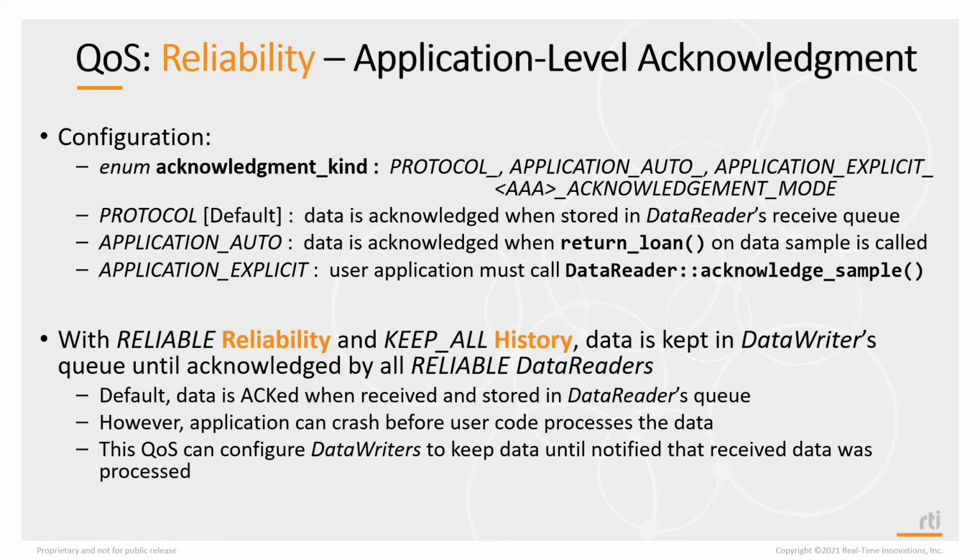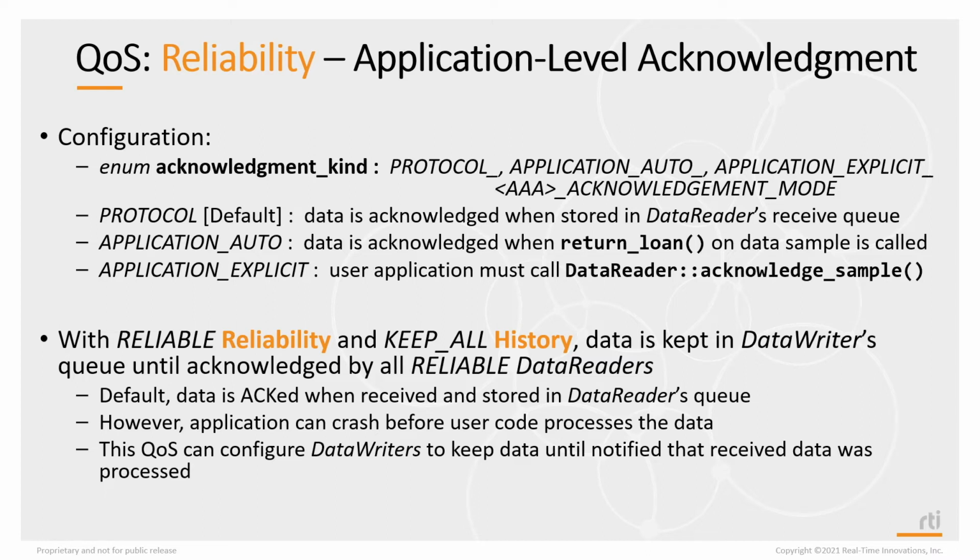Now, how do these modes work, or what do they do? Well, within a reliable connection, data will be stored by the data writer until it's been acknowledged by all the reliable data readers. When you have reliability, keep all history, that data cannot be removed until it's been fully acknowledged by all reliable data readers. By default, with protocol acknowledgement mode, the data is ACKed when it's been received and stored in the data reader queue.